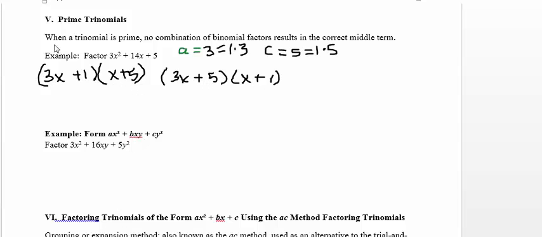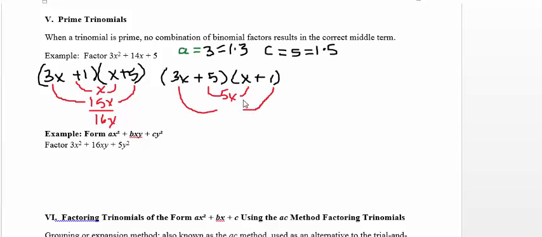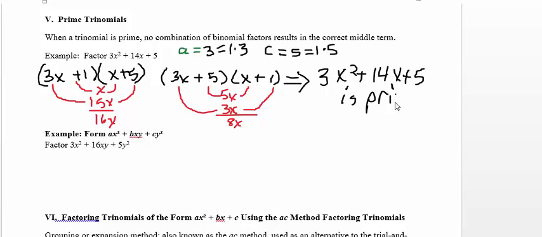Well, we know that in the first case, product of insides is x, product of outsides is 15x, so those add to 16x. Second case, product of insides is 5x, product of outside terms is 3x. Those add to 8x. And those are our only possibilities. So 3x squared plus 14x plus 5 is prime.